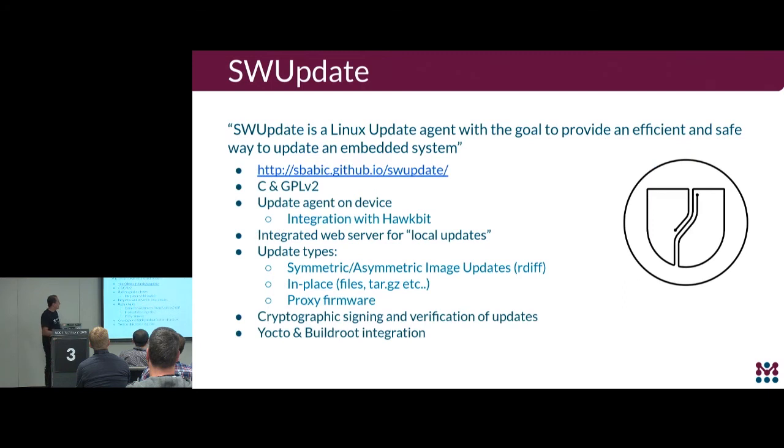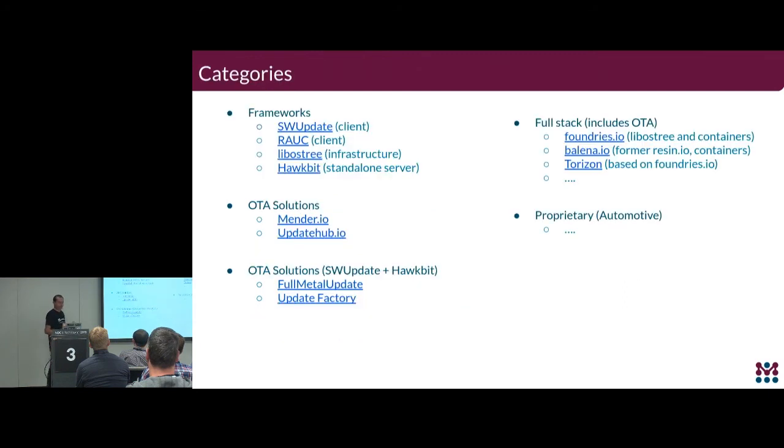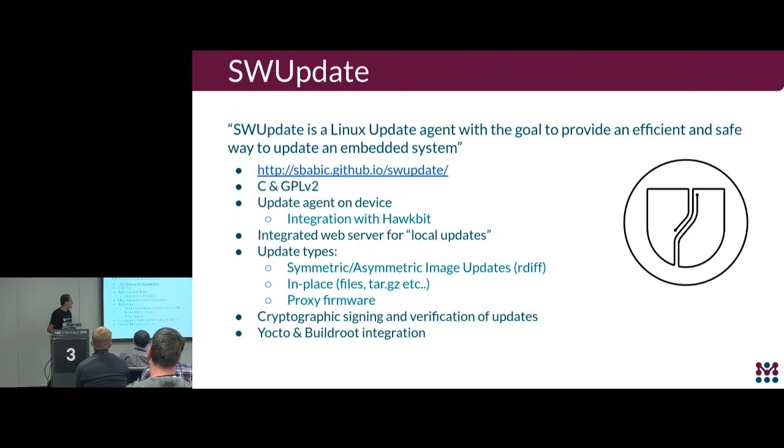Okay, I'm not going to go through all of them in detail because there are too many of them, but I will take a look at some of them. SWUpdate is a Linux update agent with the goal to provide an efficient and safe way to update an embedded Linux system.